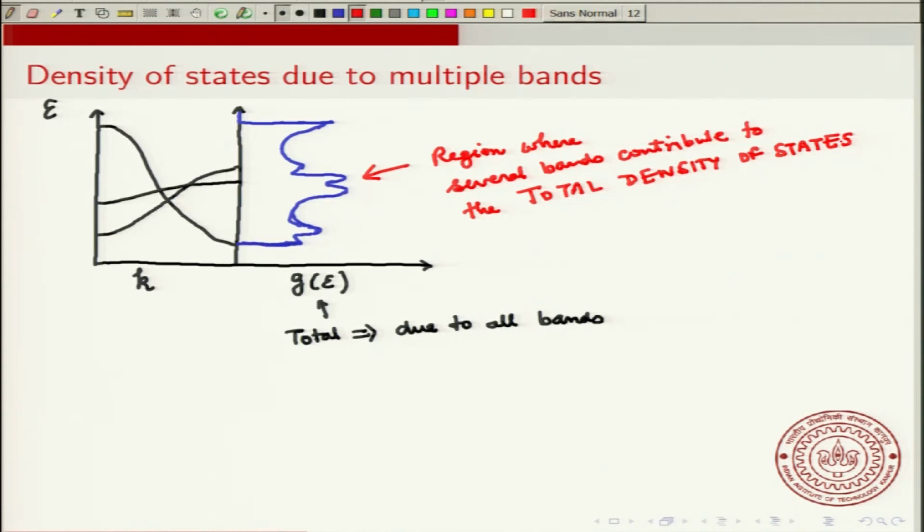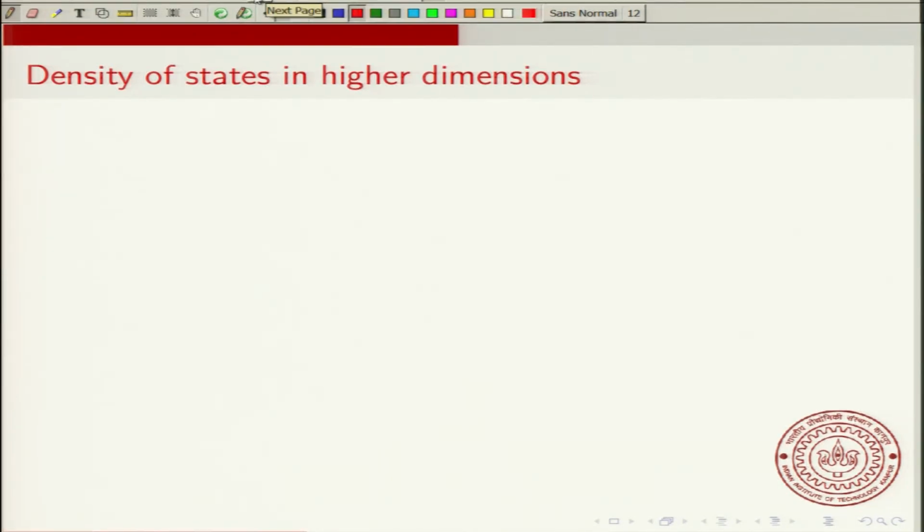Now, in 3 dimensions you can do the same thing. If you are in higher dimensions, then you do not have a simple k vector. Now you can immediately see the advantage of the density of states.